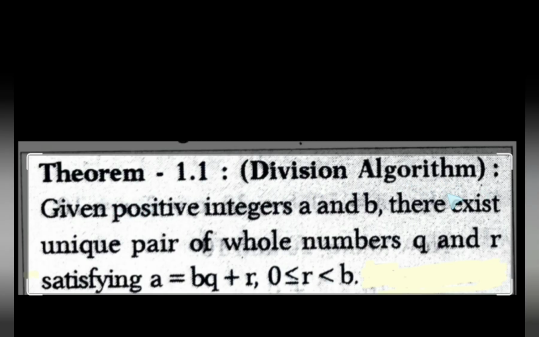Division algorithm, the theorem: given positive integers a and b, there exist a unique pair of whole numbers q and r satisfying a equal to bq plus r, where r is 0 less than or equal to r less than b.